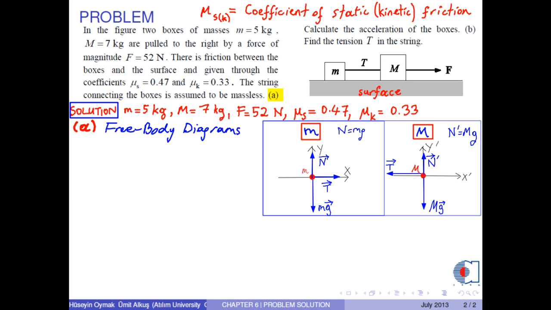And the external force F on the mass capital M is drawn like this. Therefore, the motion is to the right. As a result, we have the kinetic frictional forces like this.